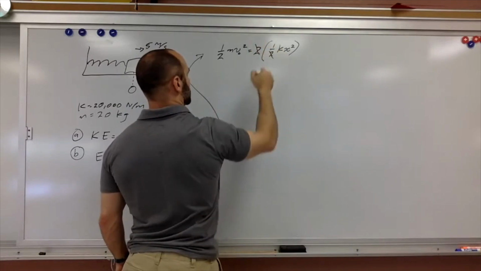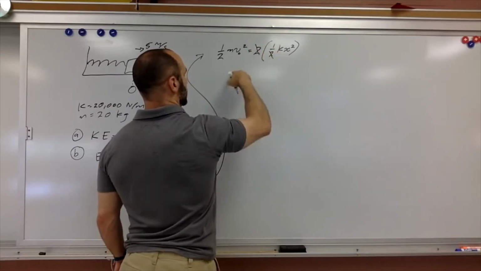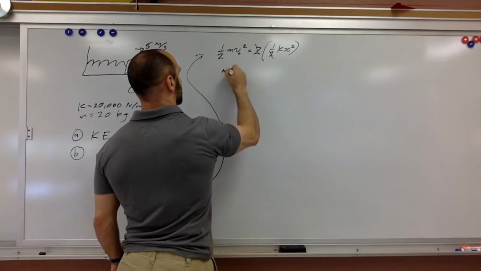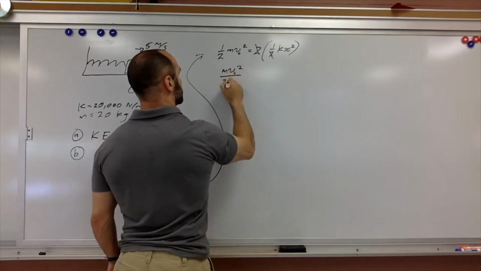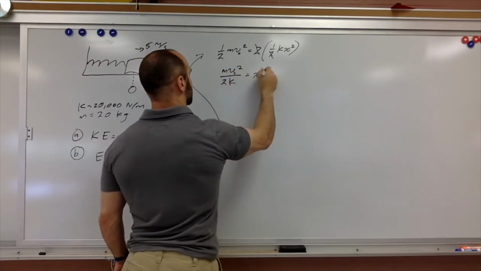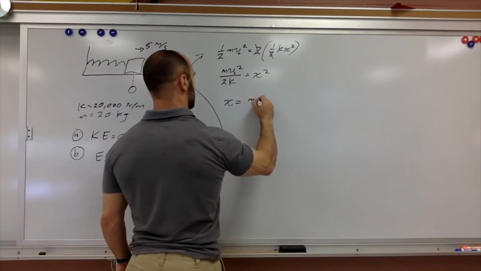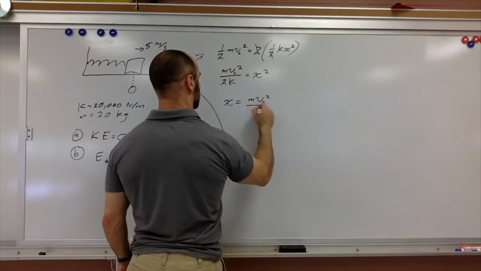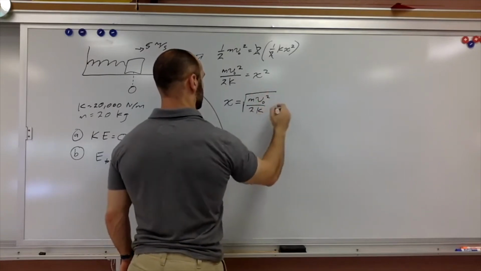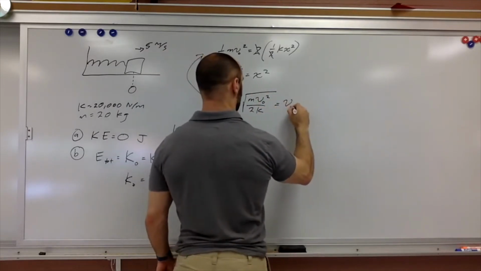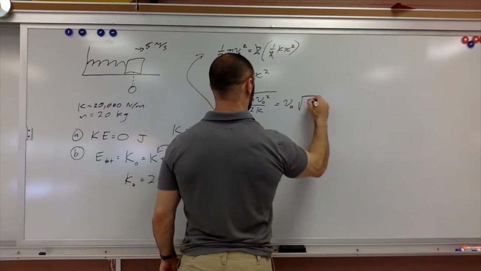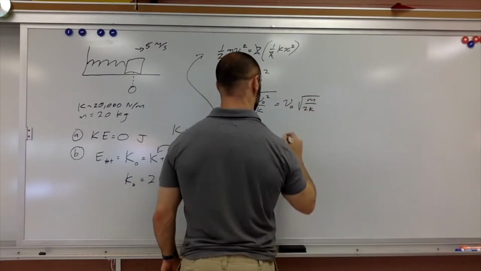This cancels out with that. I'm going to divide k over to this side, so I have m v naught squared over 2k equals x squared. So x, this position, is the square root of m v naught squared over 2k. Simplify a little bit more: v naught root m over 2k.